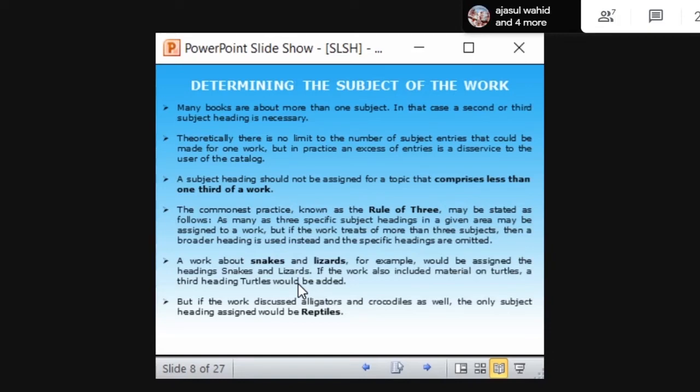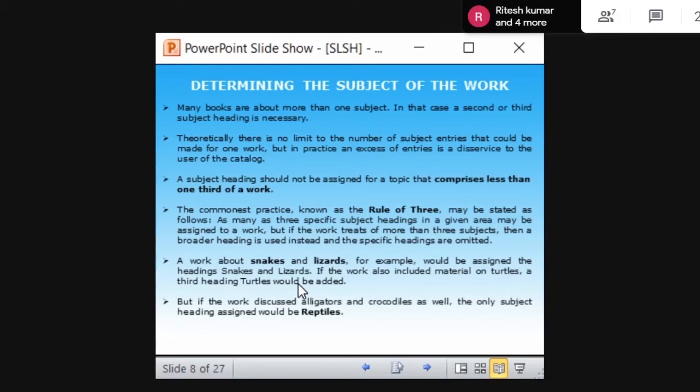If it is talking about more than 3, you should not use 4. It is better to put them into a broader category. This is called the rule of 3. Not more than 3 subject headings should be assigned.